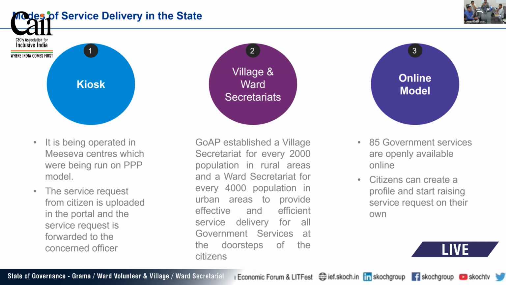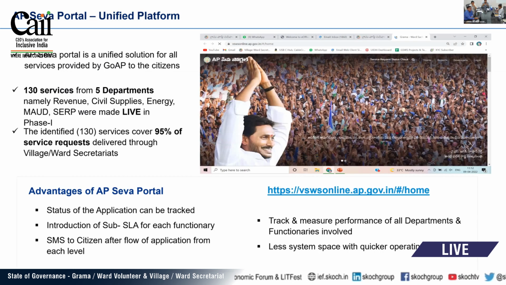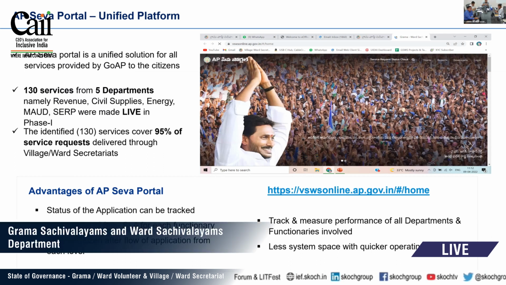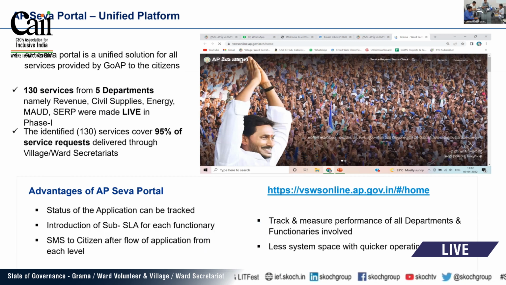Next. The AP Seva portal has all the services available within it. A citizen sitting at home will tell his volunteer, for example, I want the mutation service. The volunteer will say, okay, come with me to the secretariat. The secretariat is also within the citizen's reach, since it is in the village itself, in a building where 10 people are sitting.